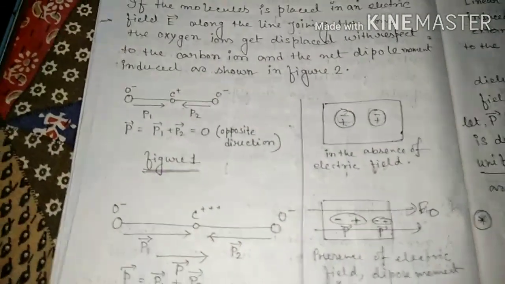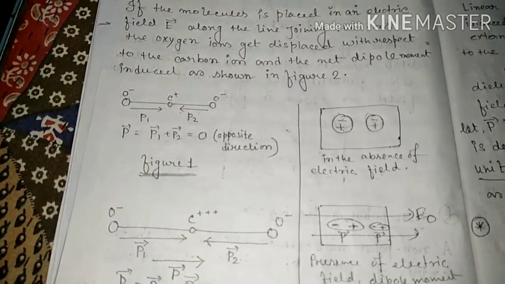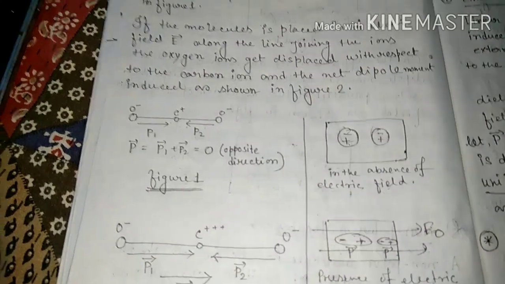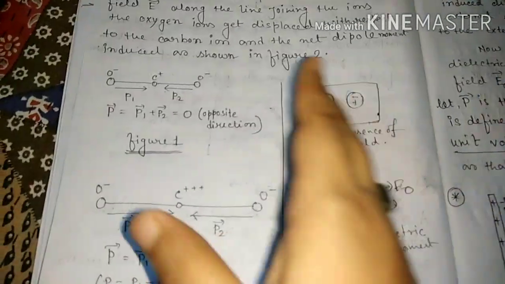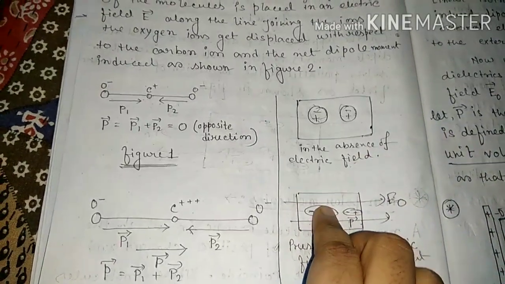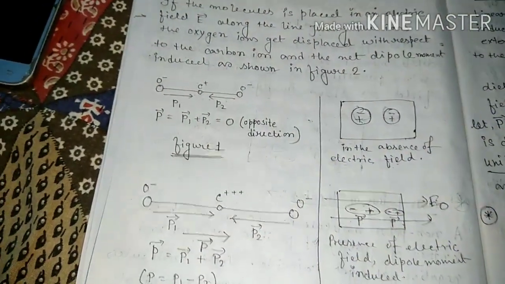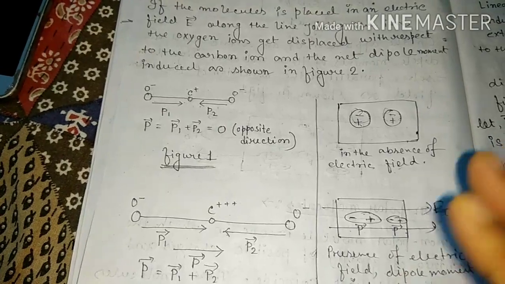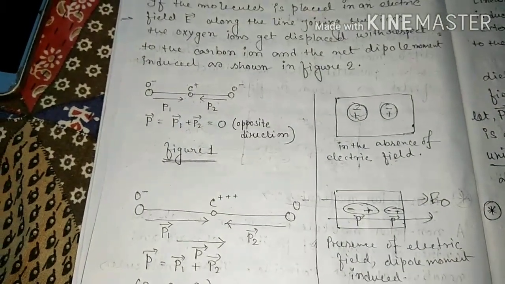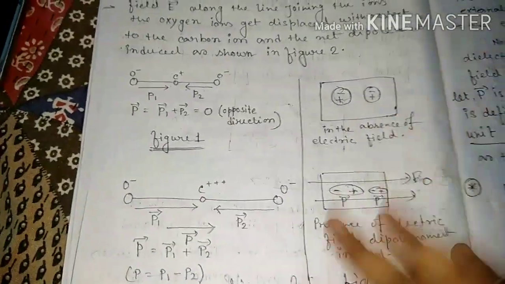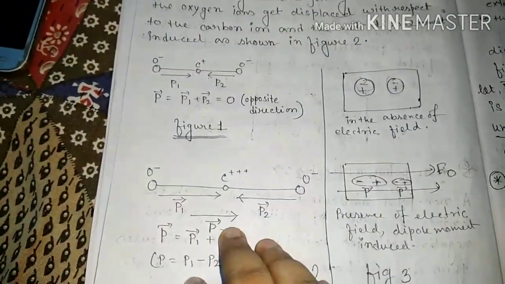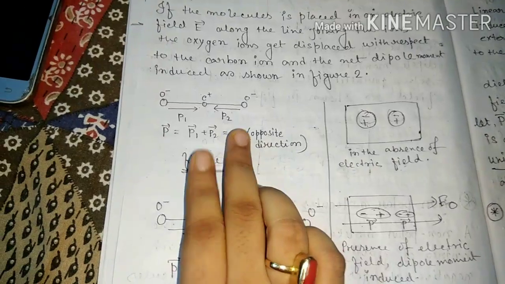When we place a non-polar dielectric substance inside an electric field, the charges first separate by a distance. When these plus and minus charges are separated, they form an electric dipole and get polarized.